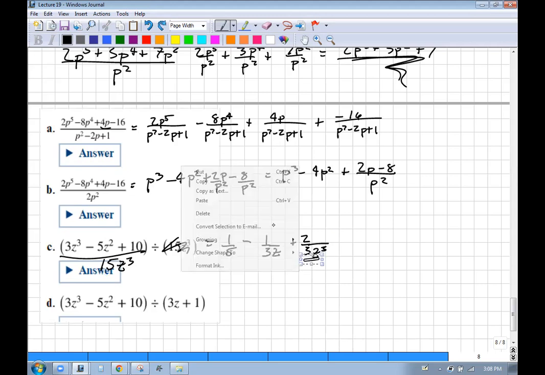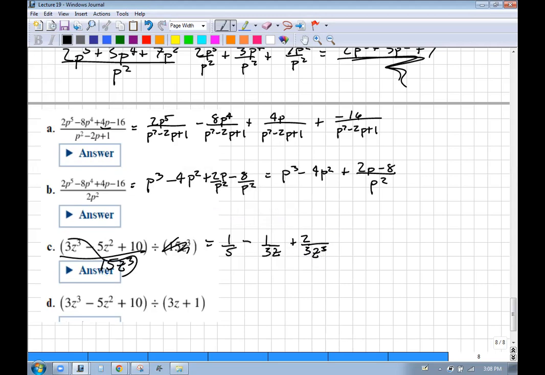All right, but we didn't have to do long division. We just divided this thing by each one of these things separately. Here we need to use long division because this isn't just one thing, it's two things, right? I could write this as 3z cubed over 3z plus 1, and then a minus 5z squared over 3z plus 1, and then plus a 10 over 3z plus 1.